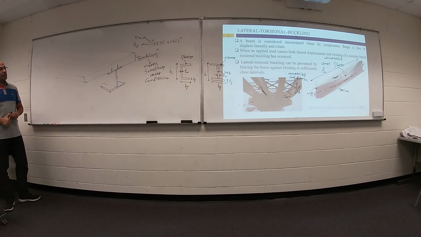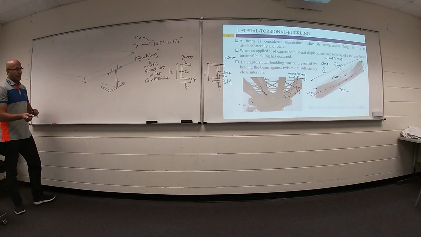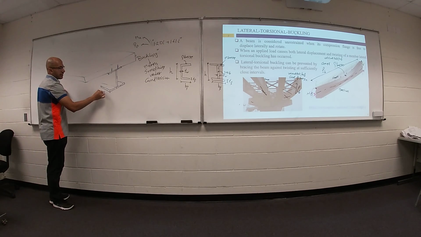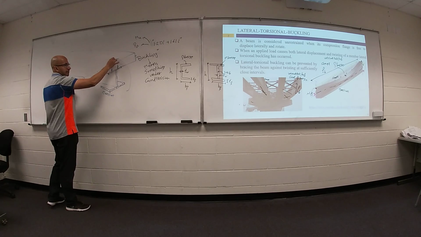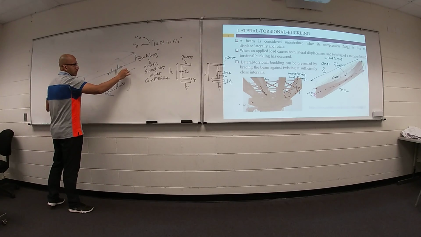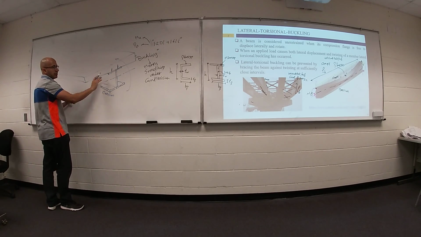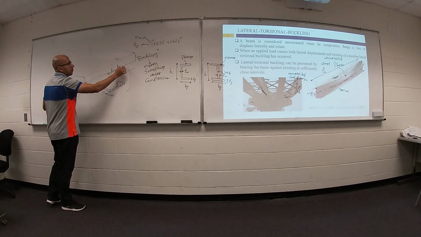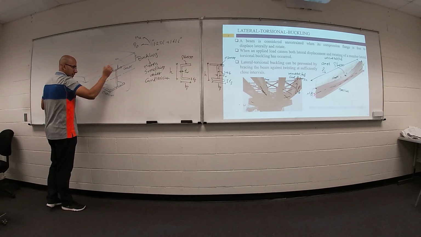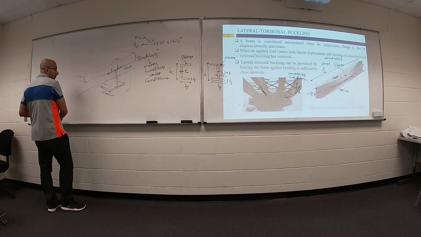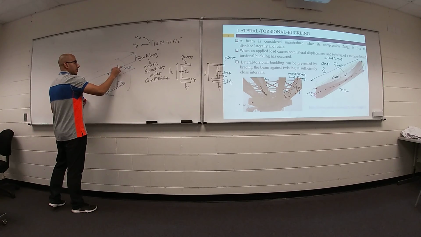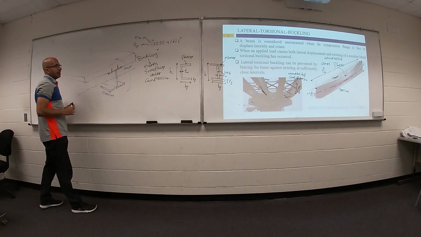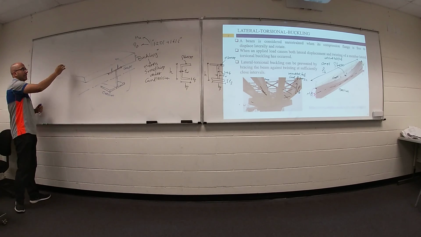Can you tell me what your unsupported length is? This flange is under tension, because we expect a moment like this. In between we have the neutral axis, so this part is under tension and the upper part is under compression. So this flange will be under compression. Can you tell me what the unsupported length LB is?